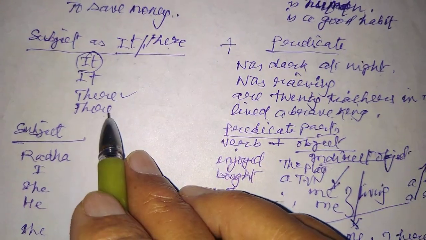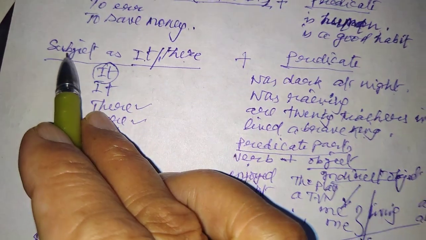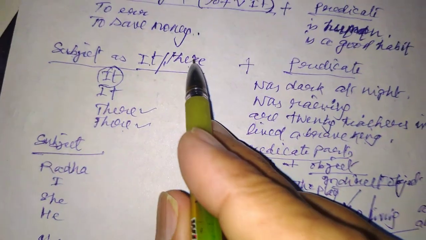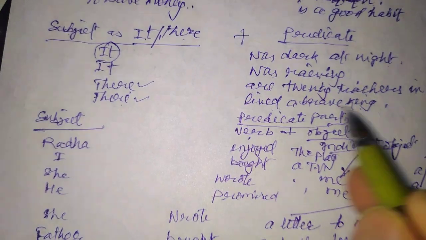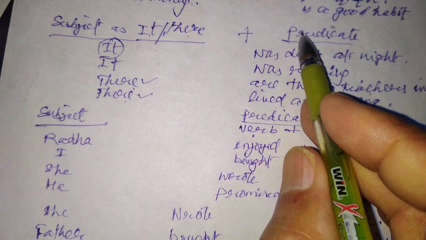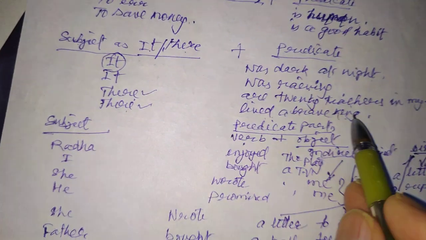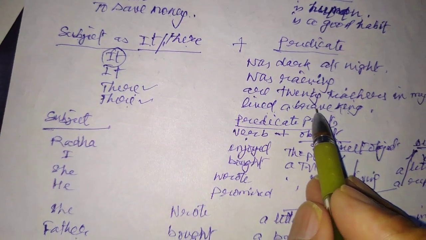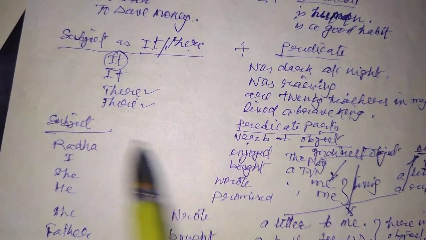There means wahan, yeh kya hai hamara subject, starting with there. There lived a brave king. This is part of the predicate. Lived a brave king. Wahan ek mahan bahadur raja rehta tha. Brave means bahadur.